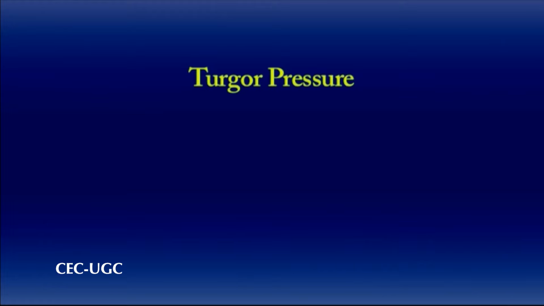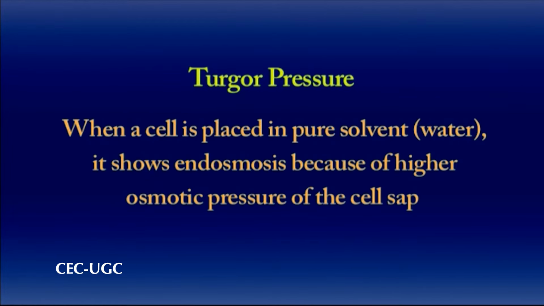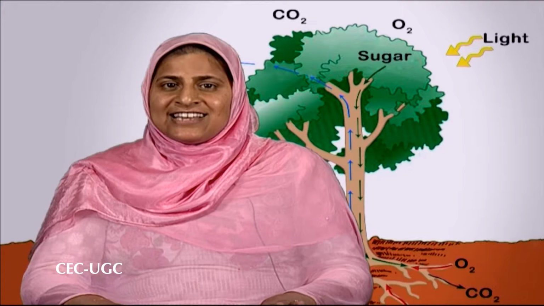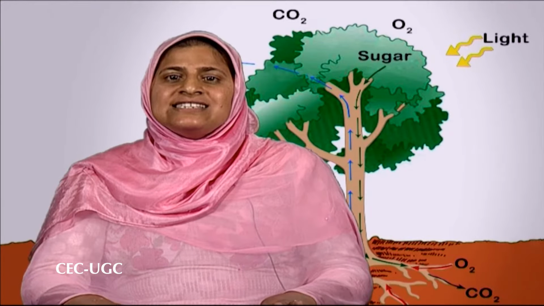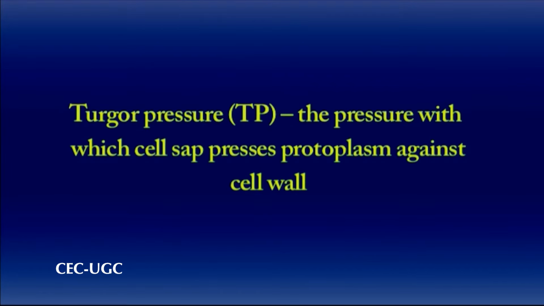Now, let's talk about turgor pressure. When a cell is placed in pure solvent, for example water, it shows endosmosis because of the higher osmotic pressure of the cell sap. As a result, the vacuole increases in its size and presses the protoplasm. The pressure with which the cell sap presses the protoplasm against the cell wall is called turgor pressure.